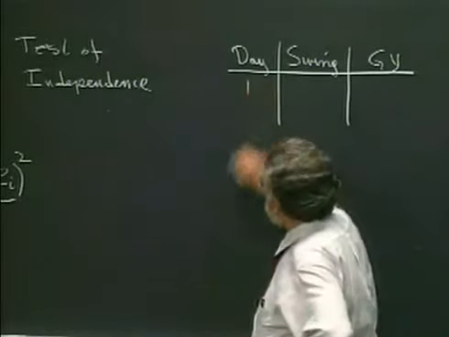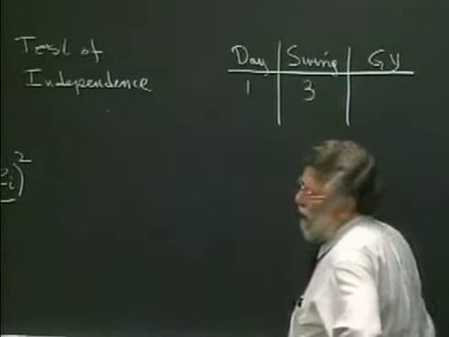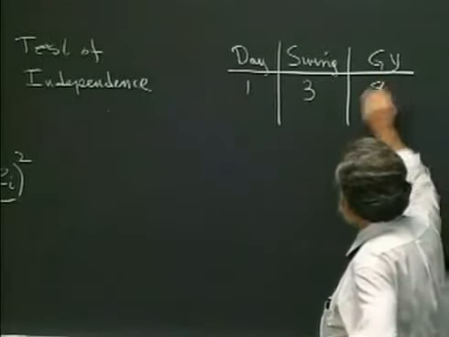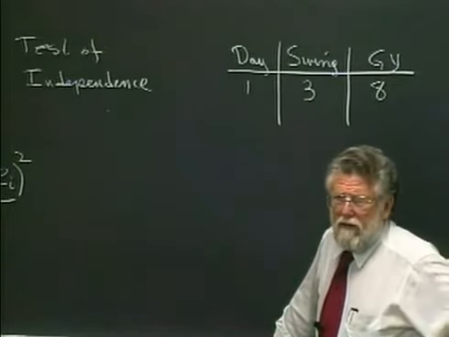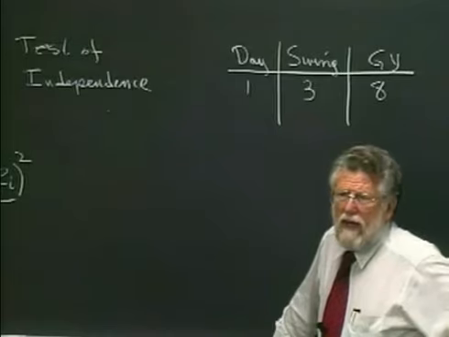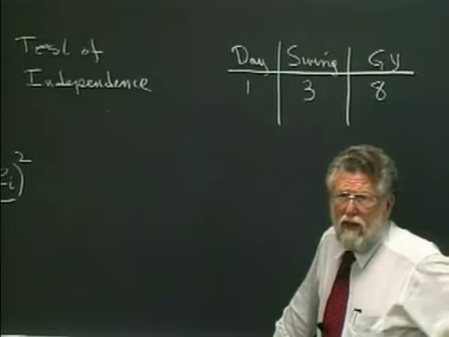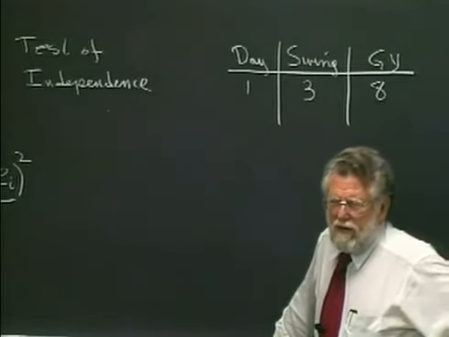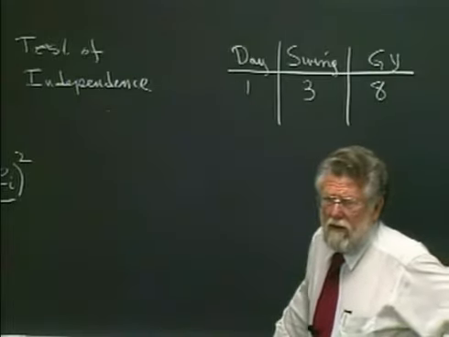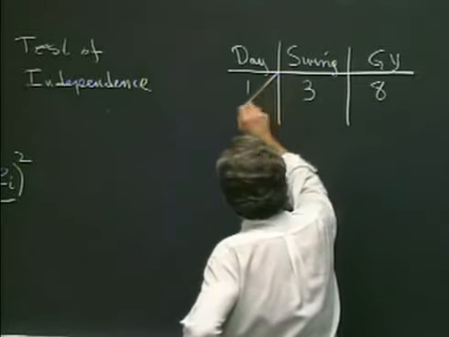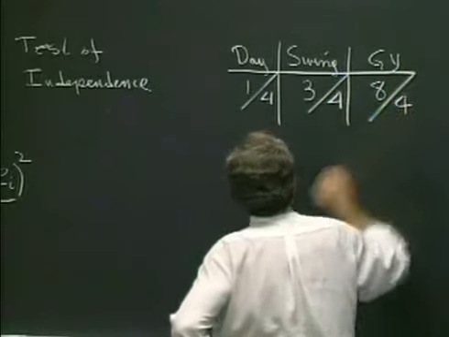And in the day shift, you have 1. And in the swing shift, you had 3. And in the graveyard, you had 8. Now, this is extreme. But nonetheless, the idea being that you have an unequal number of accidents across the 3 shifts. What would you expect if there was no difference between the shifts in terms of accidents? An equal spread at 4, correct? Okay, so we could put like a diagonal here and say there should be 4 here, there should be 4 here, and there should be 4 here.